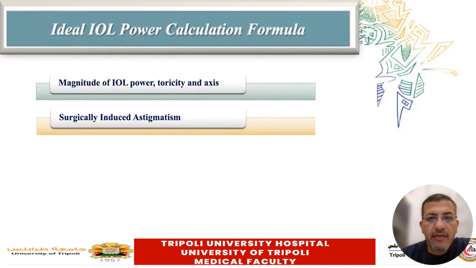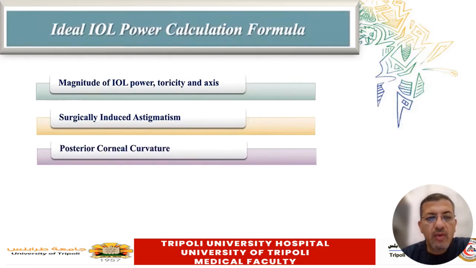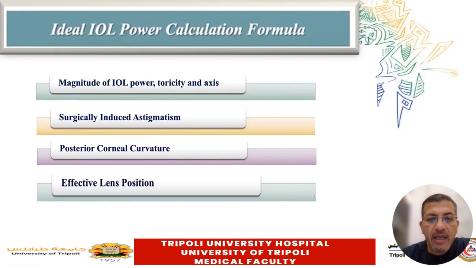We also have to estimate the surgically induced astigmatism to include it in the equation, and estimate or measure the posterior corneal curvature and astigmatism. And finally, we have to estimate the effective lens position. So all these four variables are determining factors in accurate calculation of the postoperative astigmatism, and accordingly in planning the toric IOL correction.